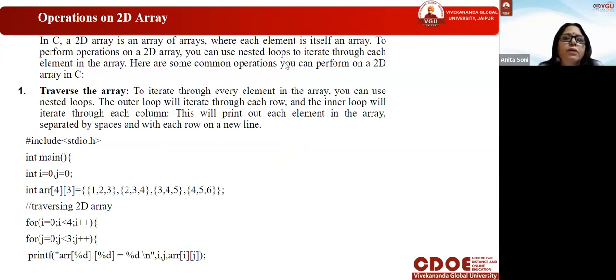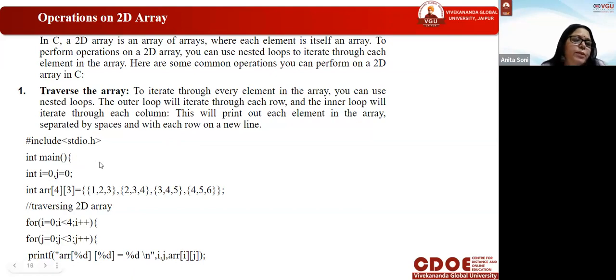Whether it is row major or column major order, you have to use a nested loop for a 2D array. Generally, we represent a 2D array by row major order.